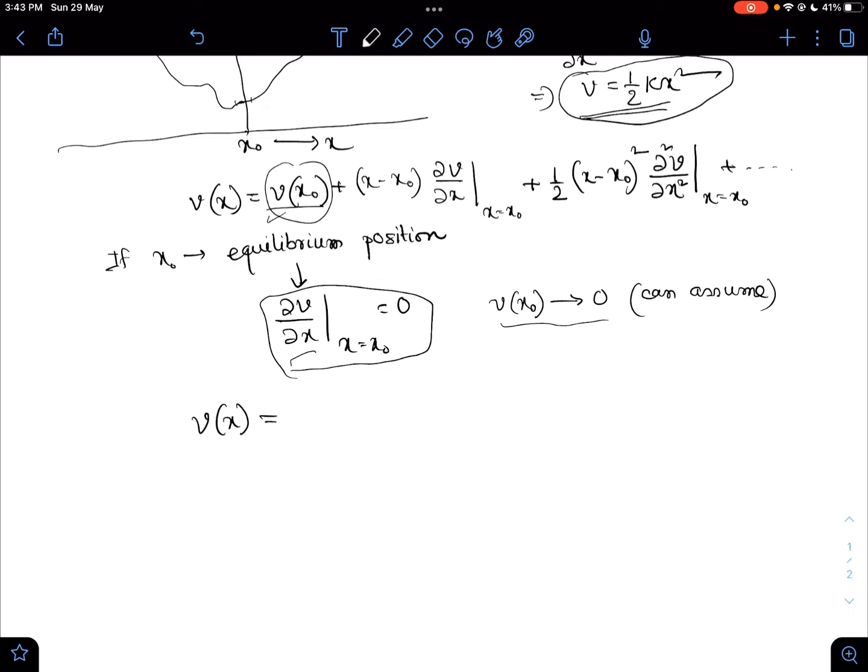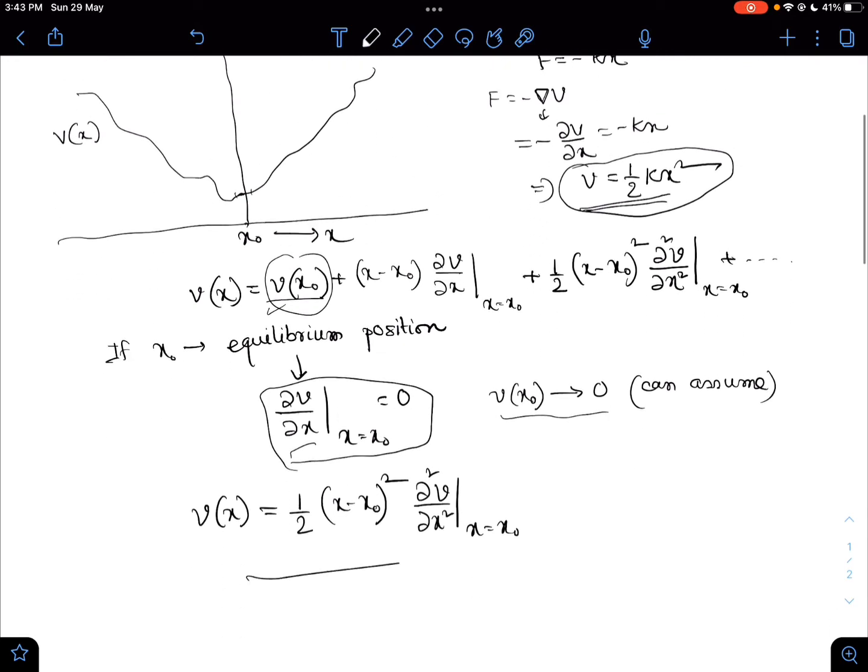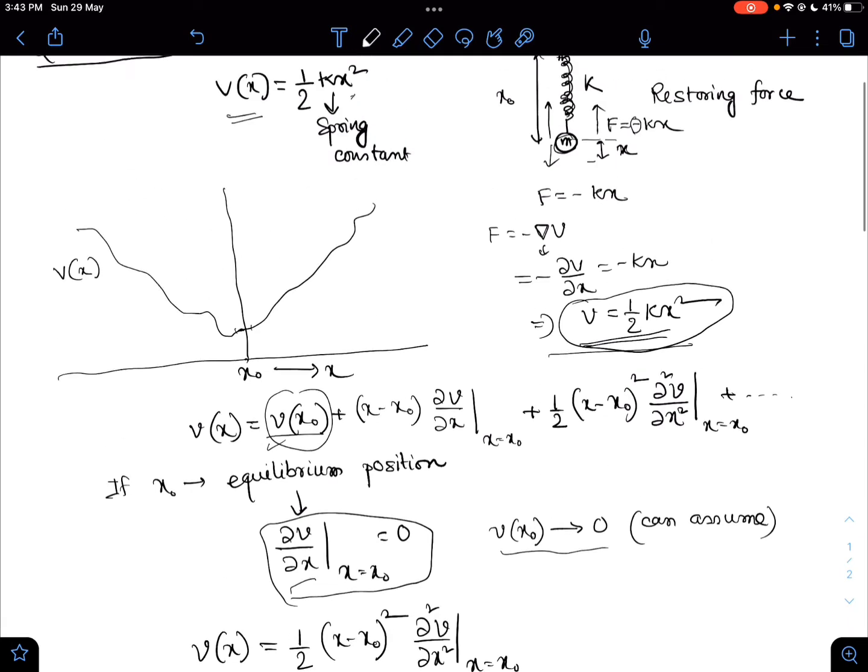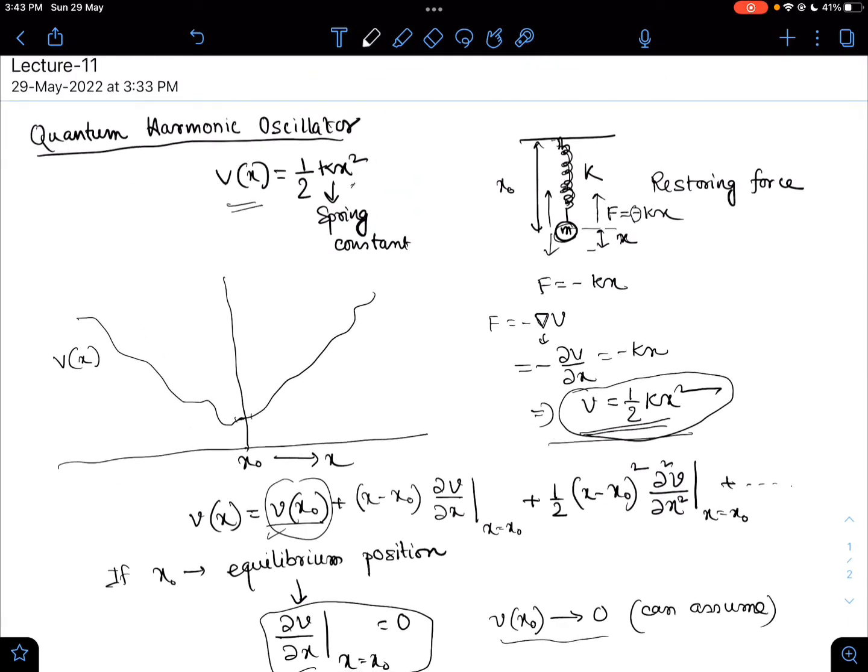V of x can be expressed as half (x minus x0) squared del 2V del x squared at x equal to x0. If we compare this with the earlier equation, here x means displacement, that is x minus x0, so the force is minus k(x minus x0), and the potential is half k(x minus x0) squared.